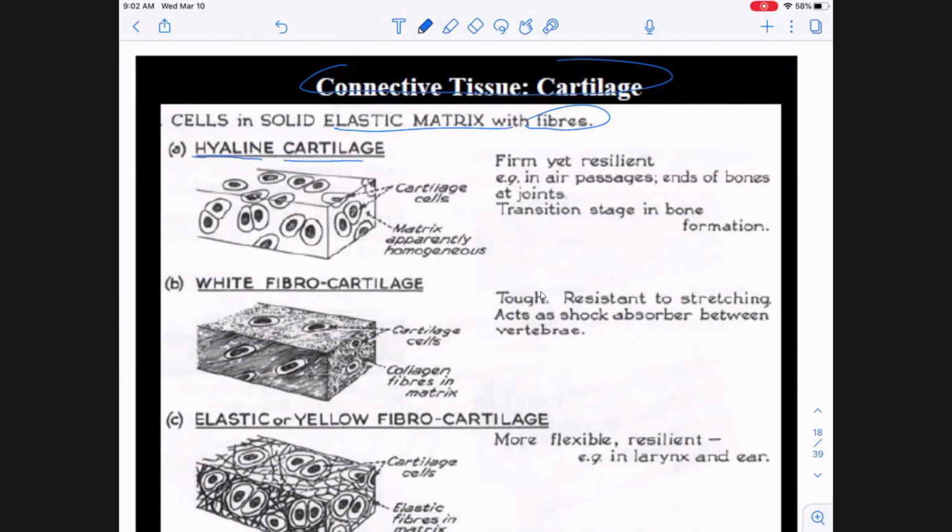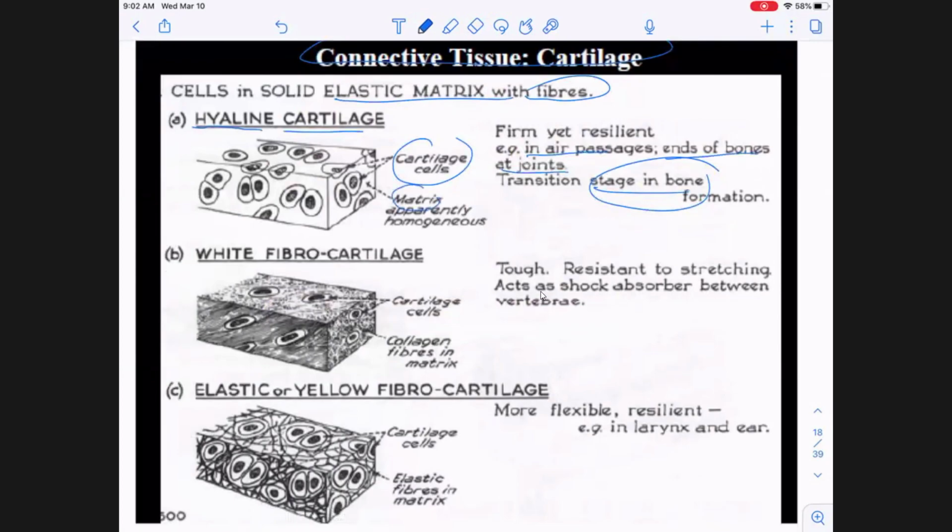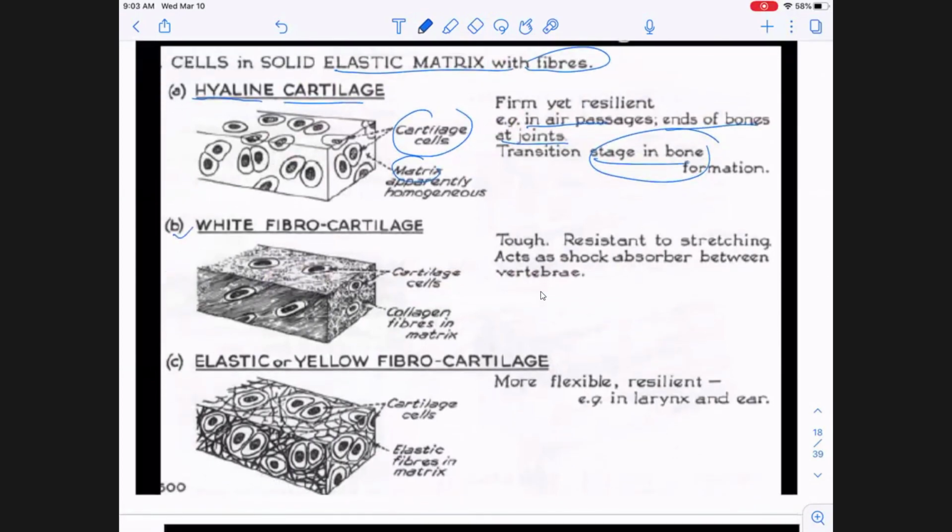So hyaline cartilage is the cartilage cell for the air passages and the bone joints, the stage of bone, because for younger people, baby bones are more of this cartilage structure. And the matrix and white fiber cartilage is very tough. This one is firm but resilient. So that's pretty good for the long air passages.